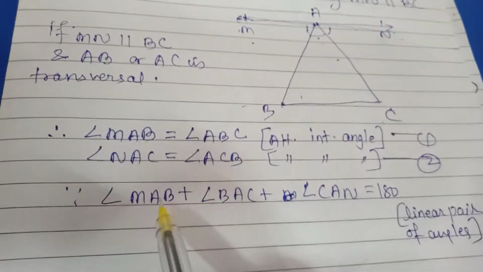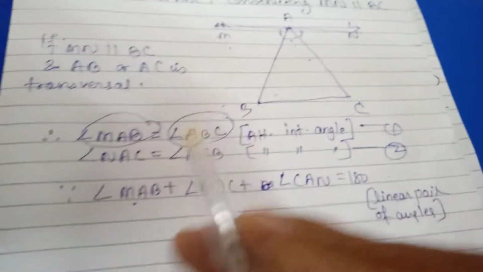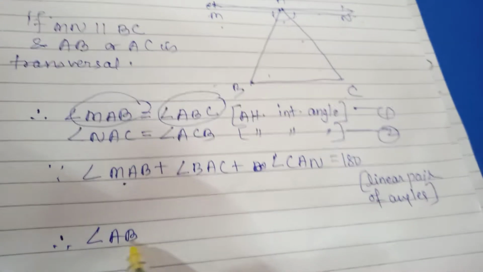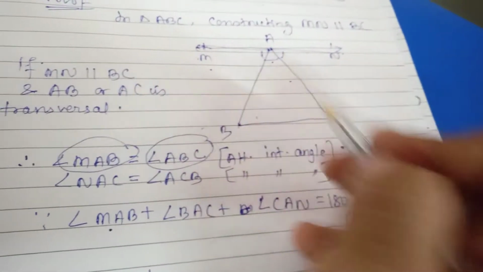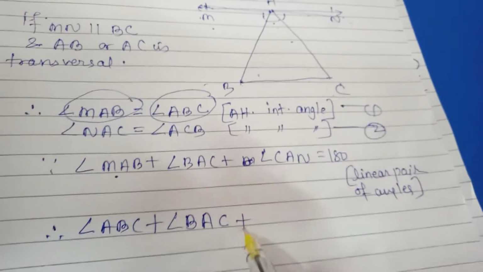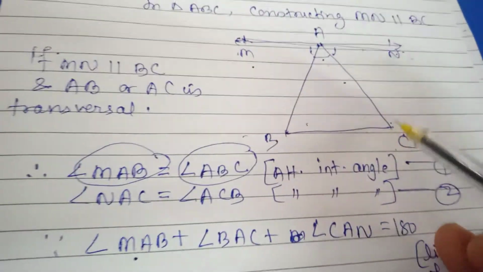So MAB, can you see here what is MAB equal to? It is equal to ABC. So I will write here, therefore angle ABC plus BAC is already as it is, no need to substitute, and CAN or NAC.